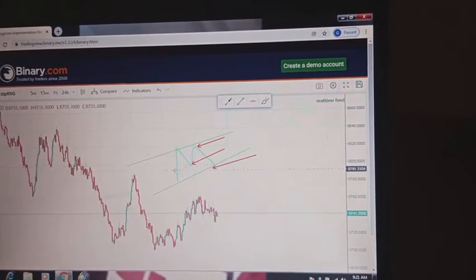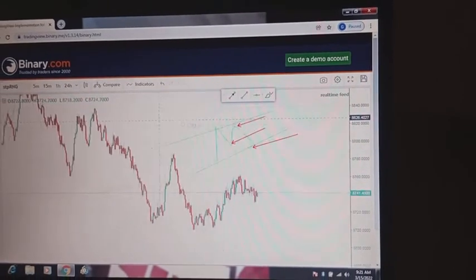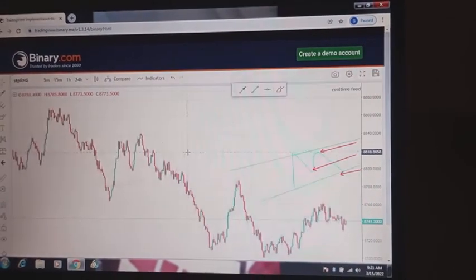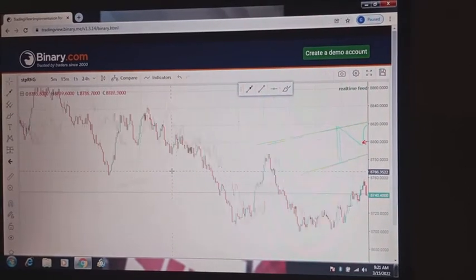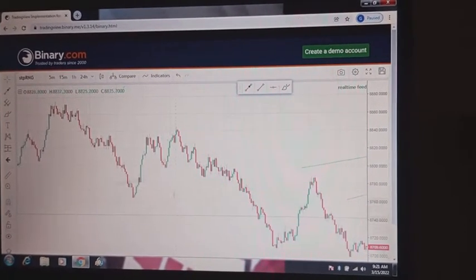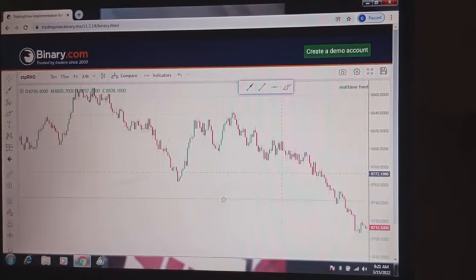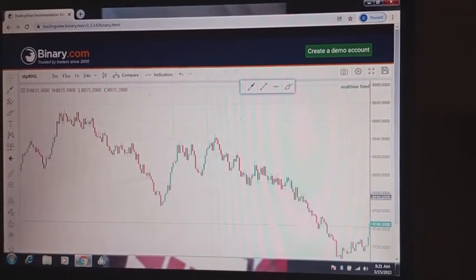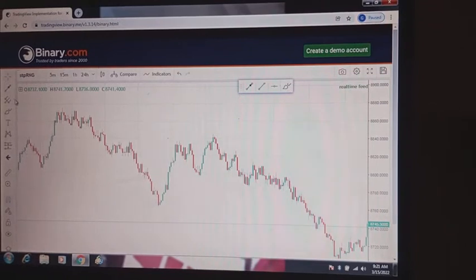Let's just move to the array business on the chart so that you know what you are doing once you are in the market and spot something like this. This is the chart.